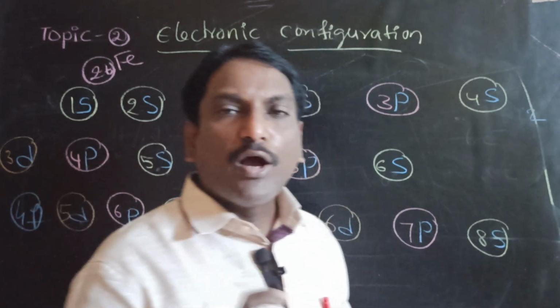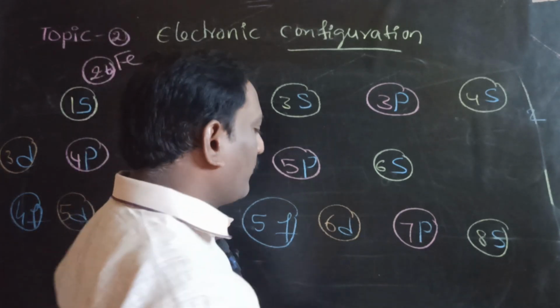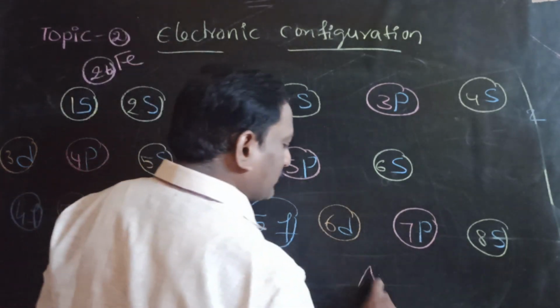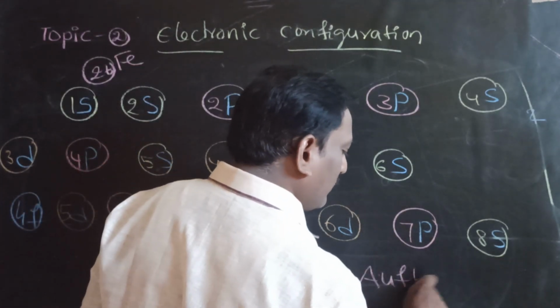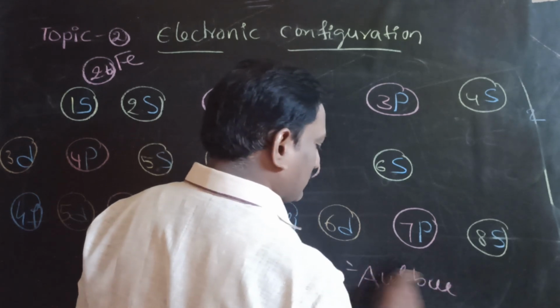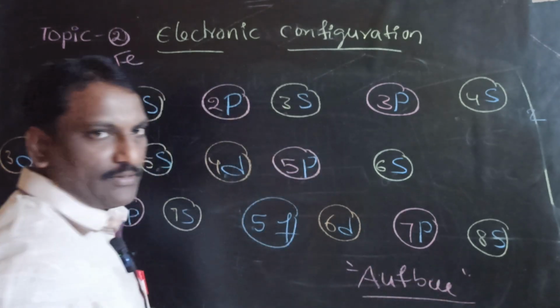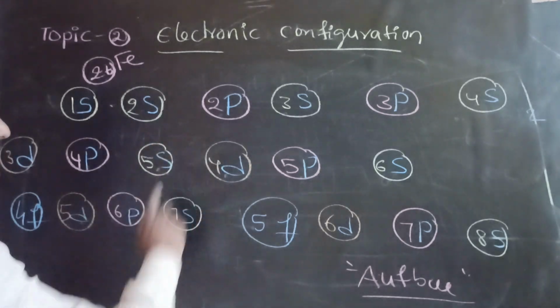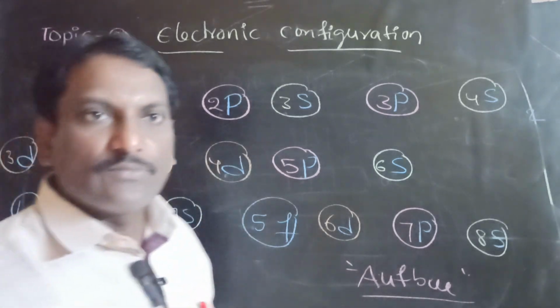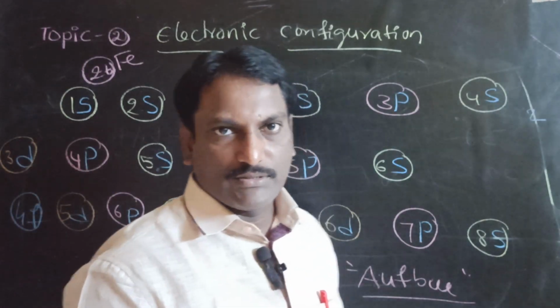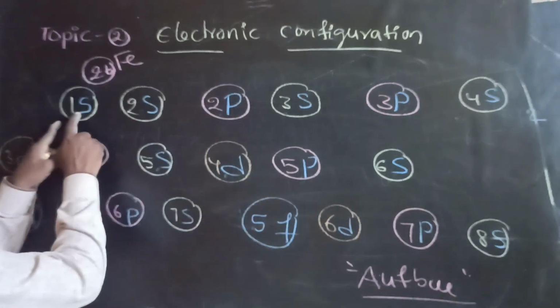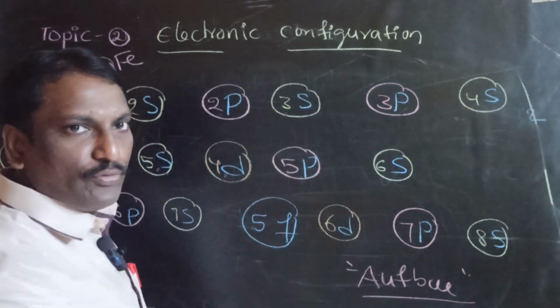This is given by the Aufbau principle. Orbitals having the lowest energy must get electrons first.